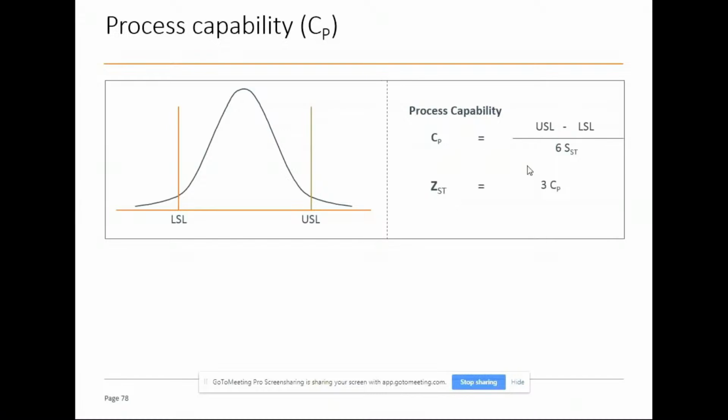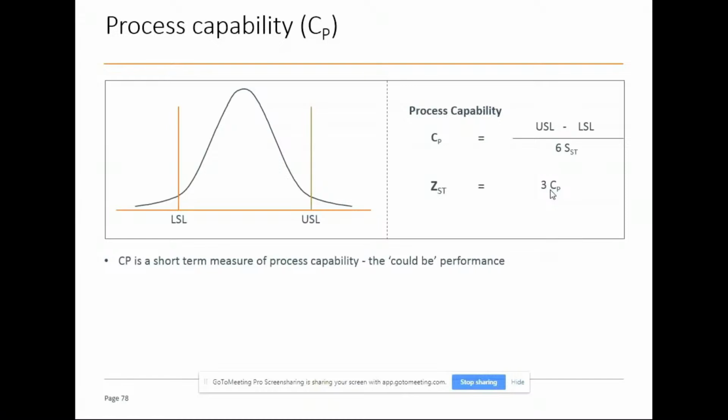In other words, you can calculate Z short term as 3 multiplied by CP. So the value of CP is 2, and 3 multiplied by 2 is going to be equal to 6. But CP is a short-term measure of process capability.